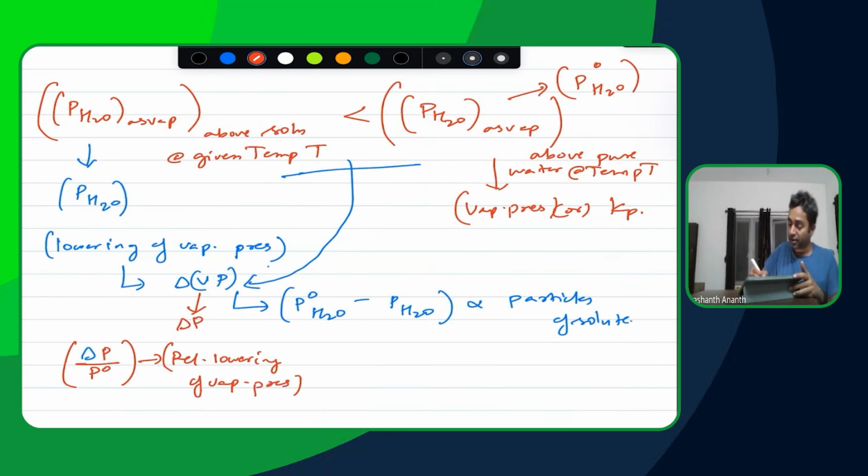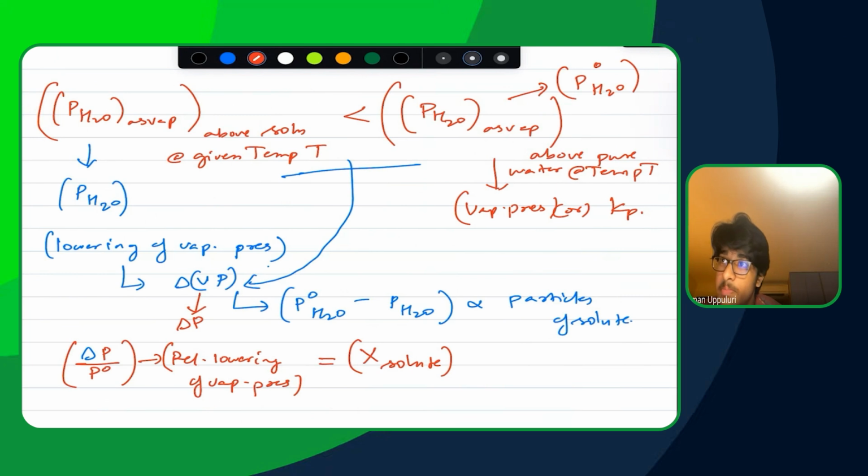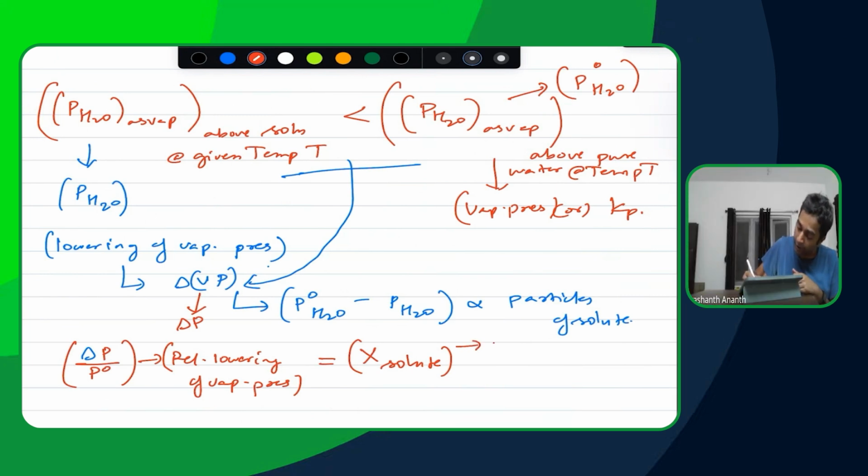If you write this, it will come out to be equal to the mole fraction of solute, for a non-volatile solute. So this is a function which depends on the number of solute particles in solution.